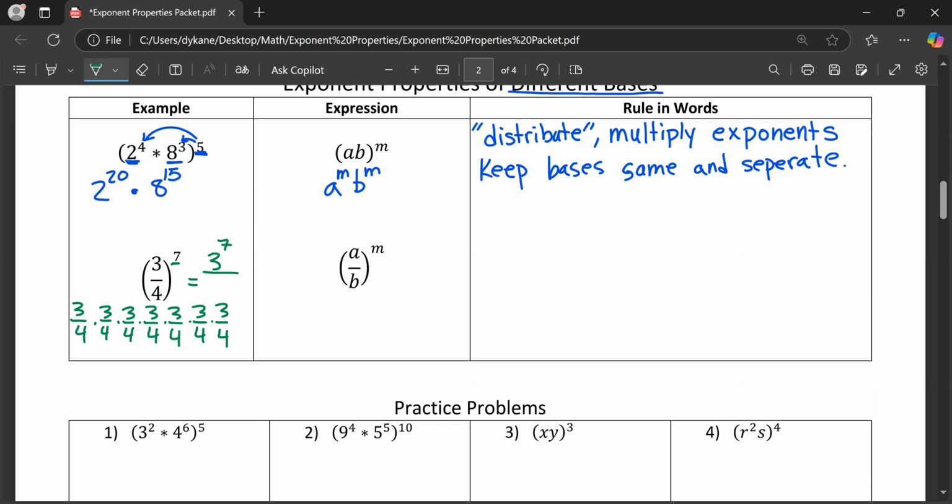So 4 times 4 times 4 times 4 times 4 times 4 times 4, which gives me 4 to the 7th power. So we can write that more simplified as 3 to the 7th over 4 to the 7th. So that means when we have any fraction, that exponent is going to go to the numerator and the denominator. So if I have a over b raised to the m power, what I'm going to get is a to the m over b to the m.